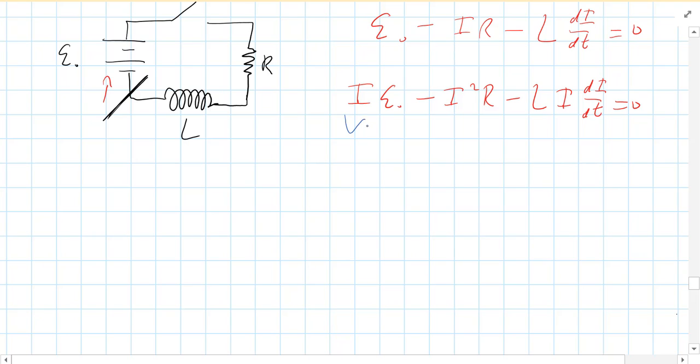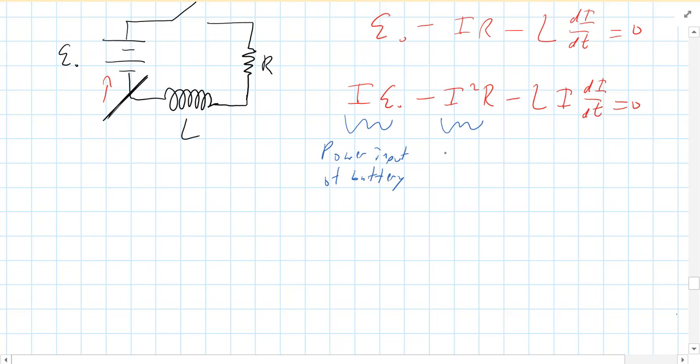Well, this is the power input of the battery. That is the rate at which the battery is adding energy to our circuit. It would be measured in watts. It's IV. Okay. What is this?